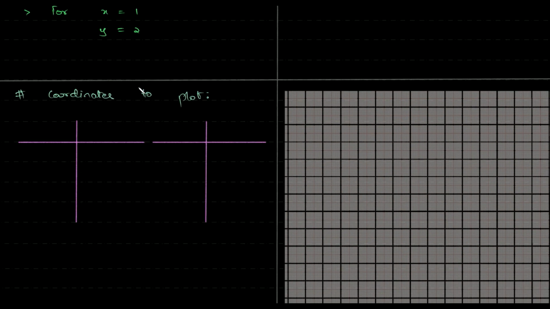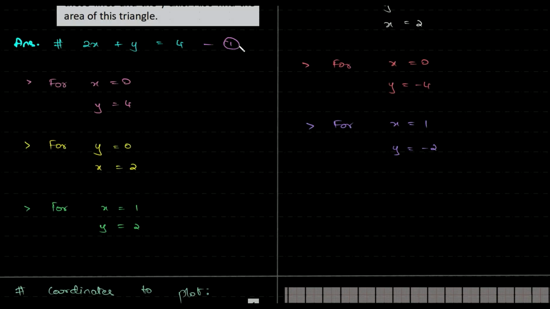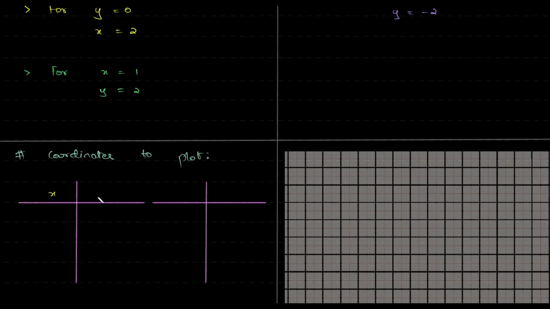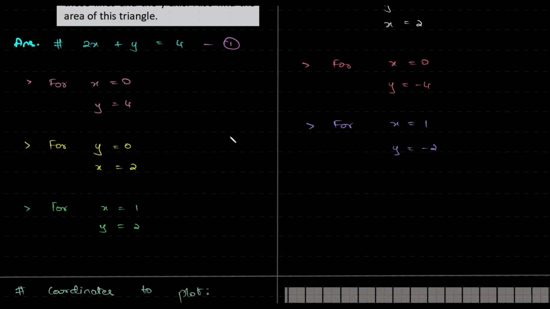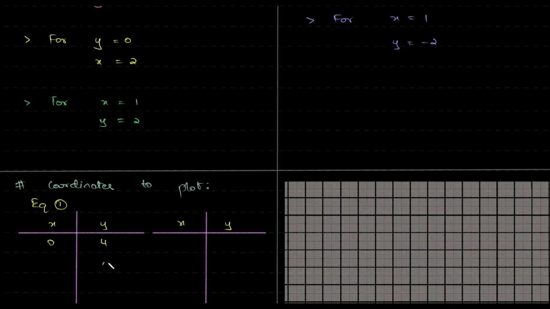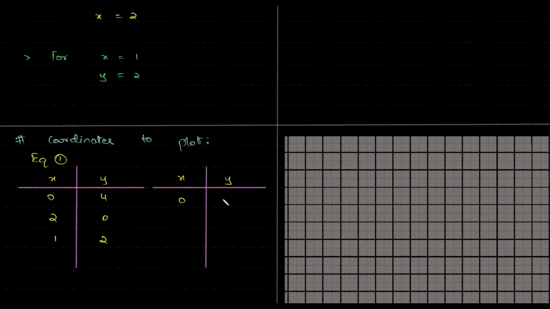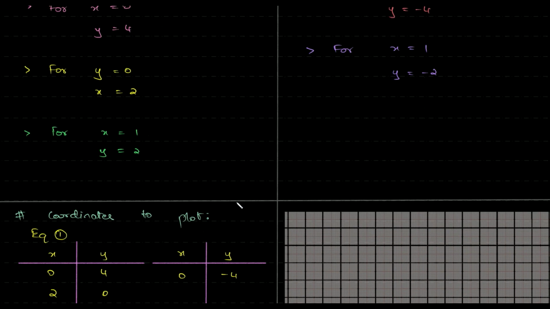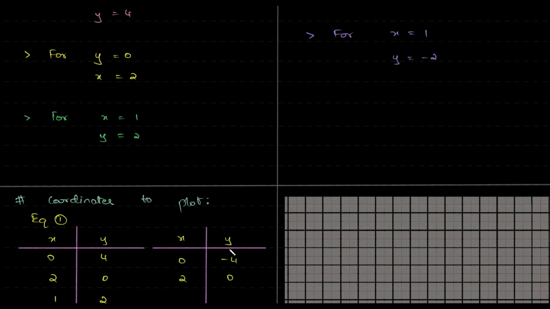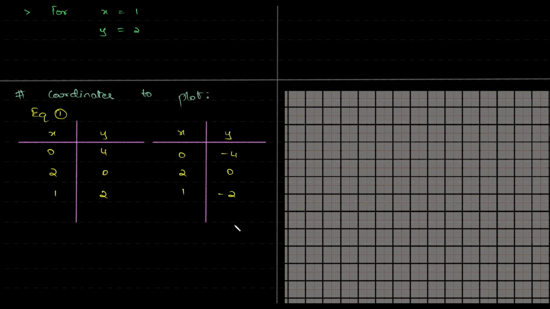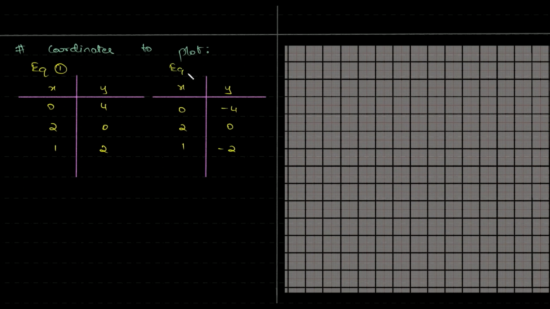Equation 1 coordinates: x and y are 0 and 4, 2 and 0, 1 and 2. I made it clear, equation 1. And the other equation would be 0 and minus 4, 2 and 0, 1 and minus 2. That would be equation 2.